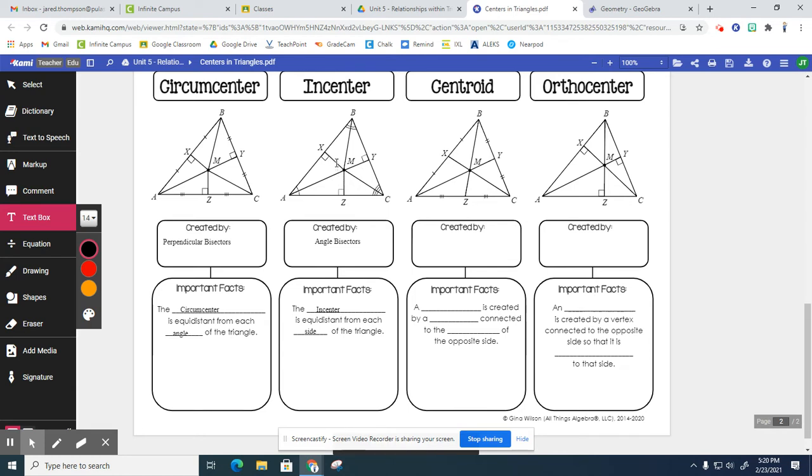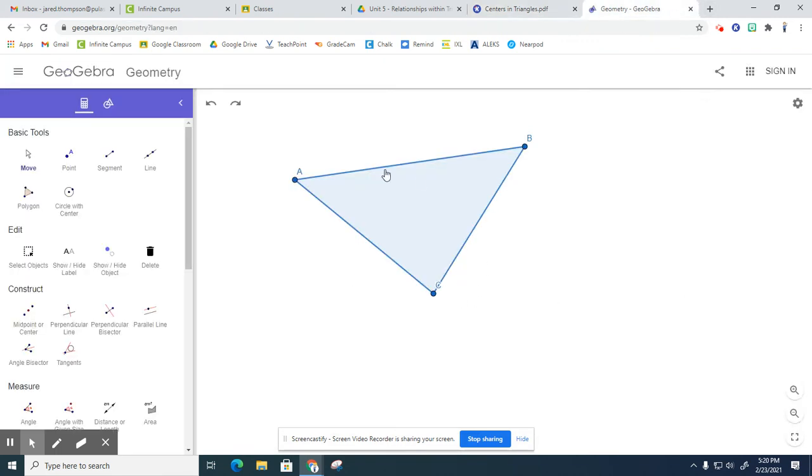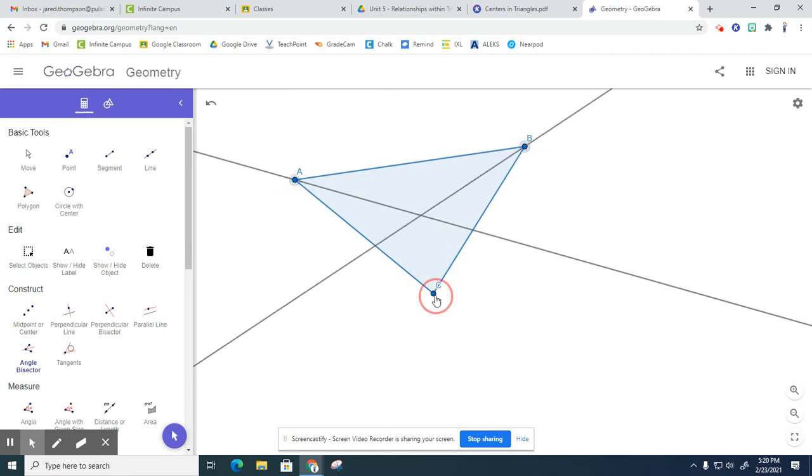It's to make a circle inside the triangle. Okay, so let's go construct one of these. So here's my triangle. I'm going to construct the angle bisectors. So boom, boom, boom, and then go all the way that way, and then that way.